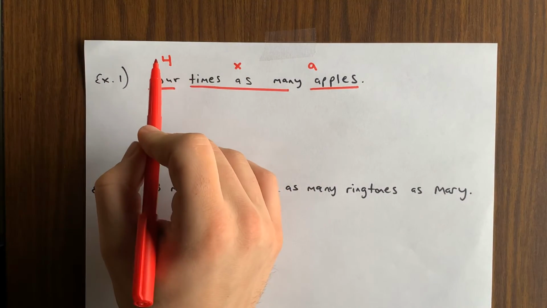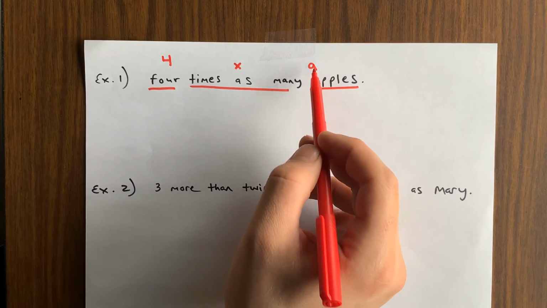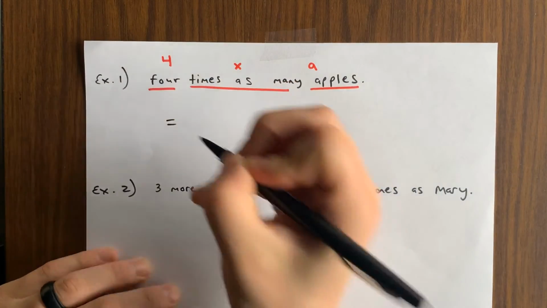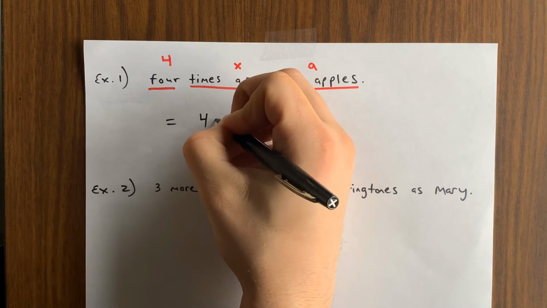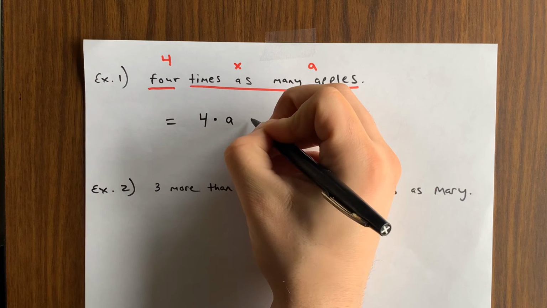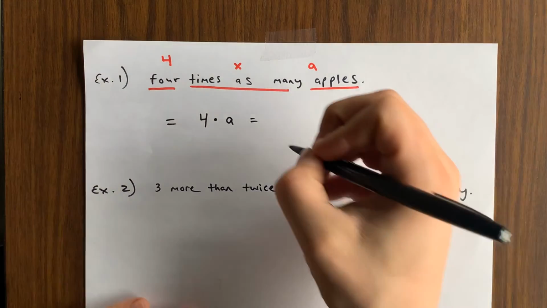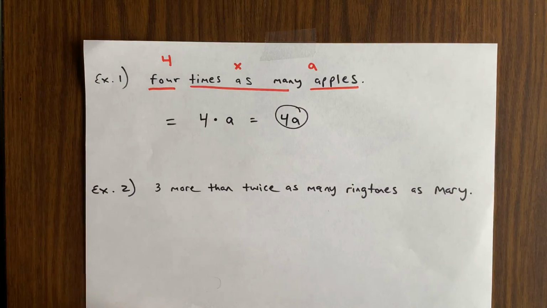So I know I'm going to have a 4 in my problem. I'm going to have a multiplication, and I'm also going to have the variable A. We can write that expression like this: 4 times A. Or if we simplify that and write it like how you're going to see it in algebra, it's going to be 4A. So that would be your expression for that one.